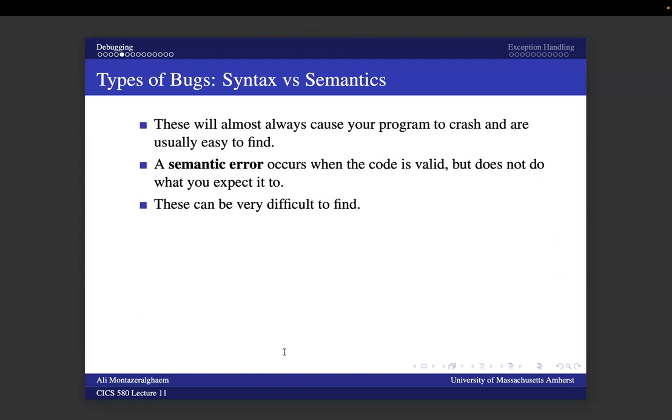And another type is the semantic error. This type of error happens when the code is valid but does not do what you expected. So this means that the syntax of your code is correct, but you have some logic in your code that is not valid.